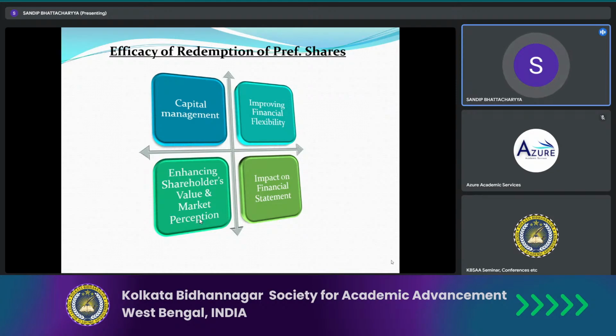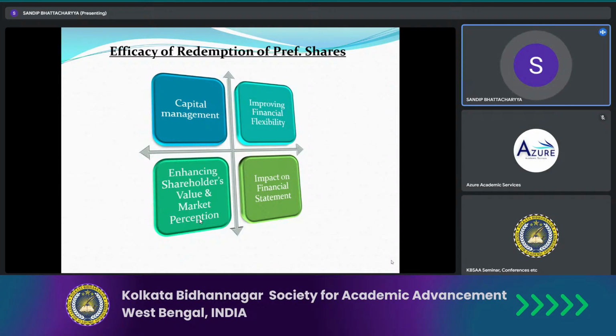And if I am talking about financial flexibility, it is more effective in terms of business operation, in terms of reinvestment, and in terms of various productive and operative facilities to pursue a new project.